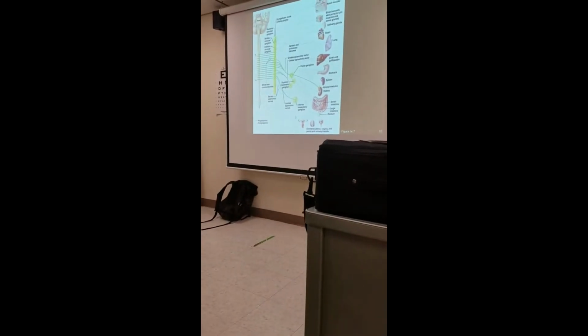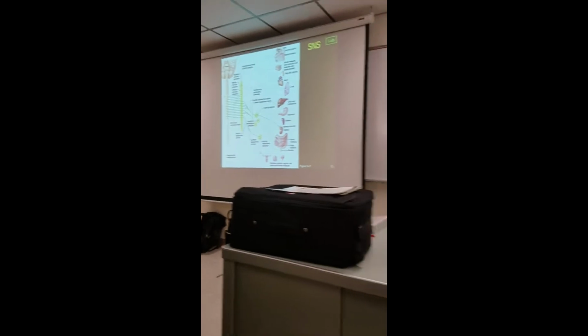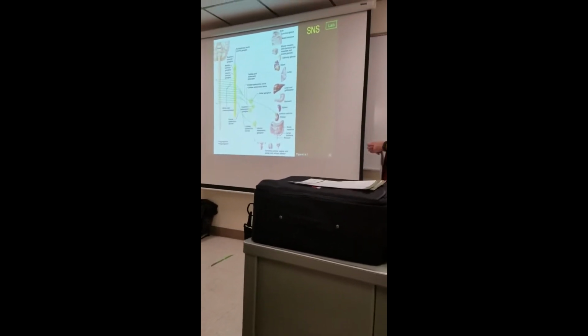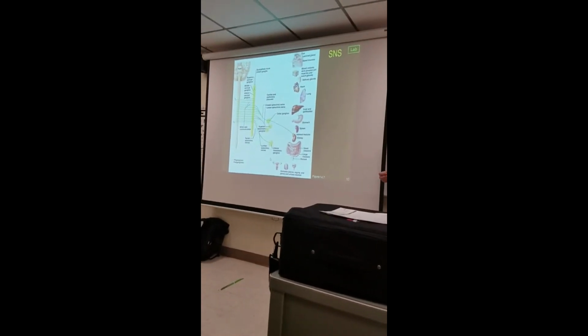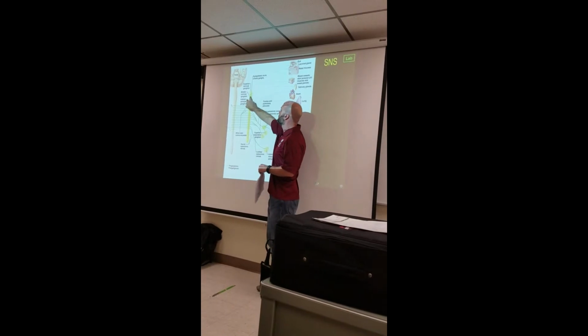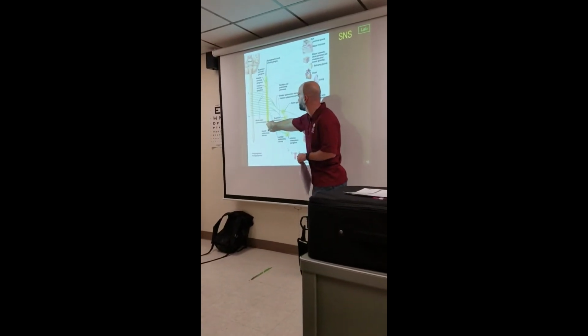Next is postganglionic cell bodies. So where do you find them? Because now I'm just reiterating what I've already covered. Where do you find postganglionic cell bodies? Either in the sympathetic chain. Here, here, here, here. Those are examples. Here, more examples.